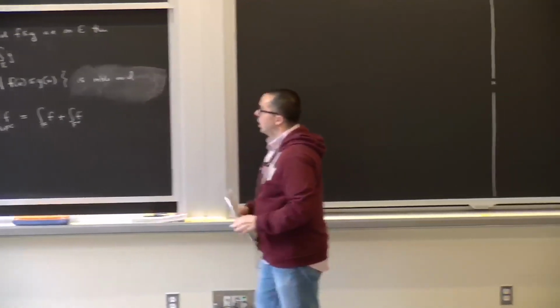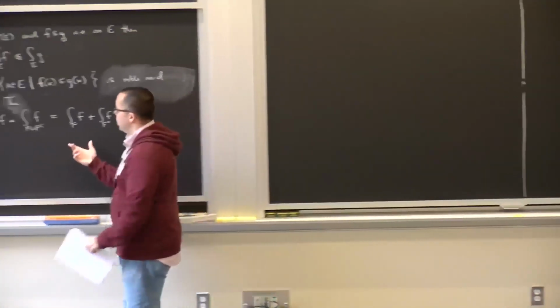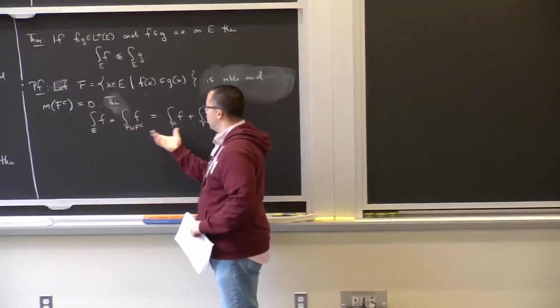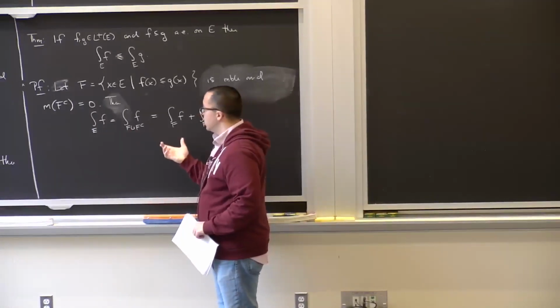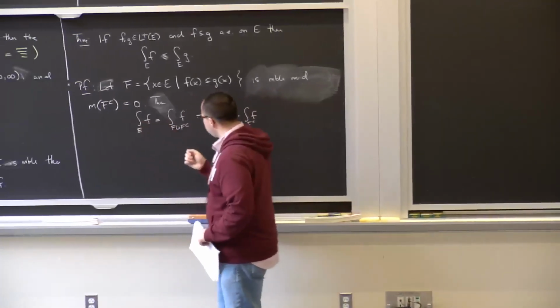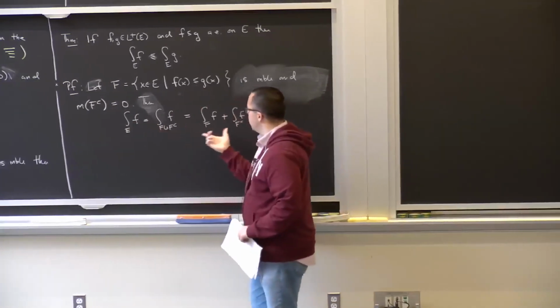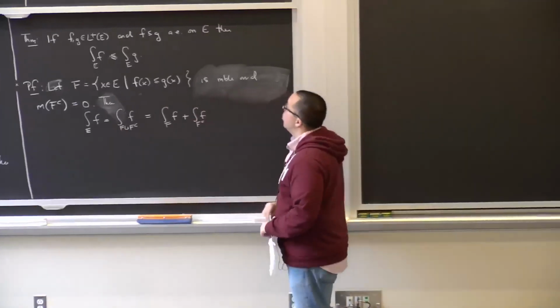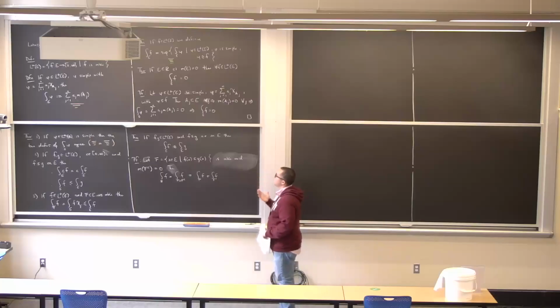Okay? So I didn't strictly speaking write down why this is true, but let's think about it just for a moment. So these are two disjoint subsets that make up E. Okay? Why is this going to be equal to this? Well, it's true for simple functions.